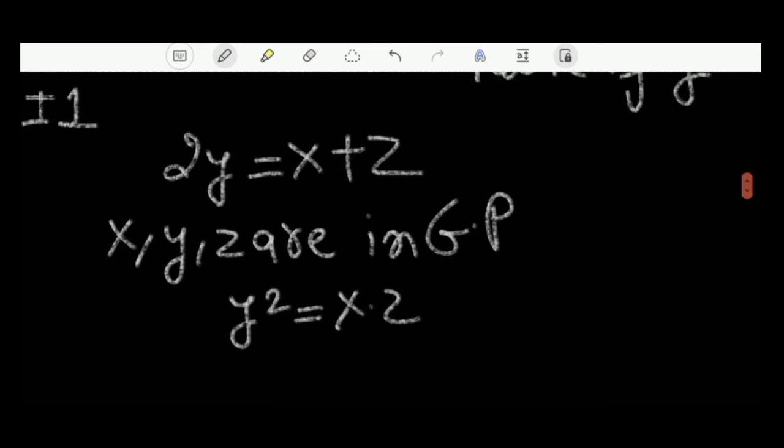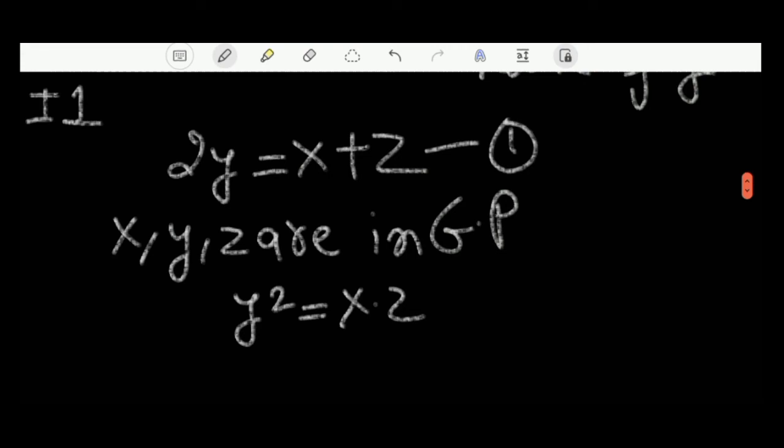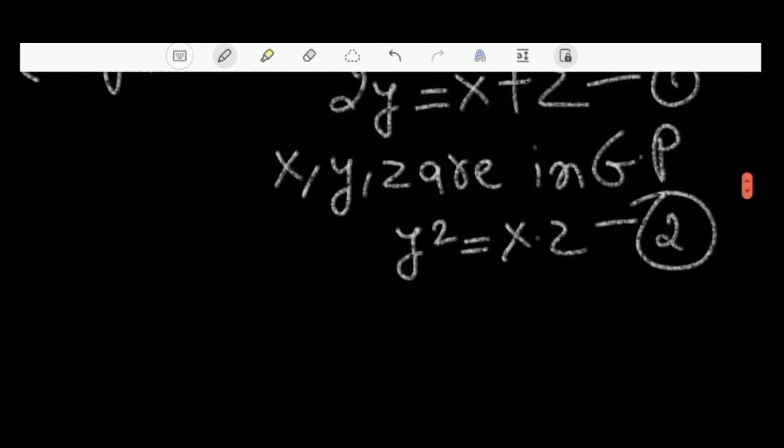So now we have two equations, and after solving them, the value we get is important. So let's try to solve them.